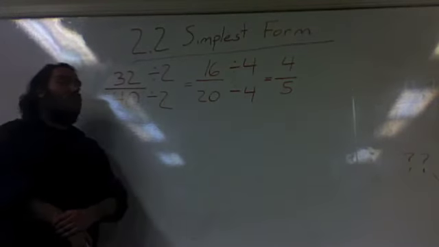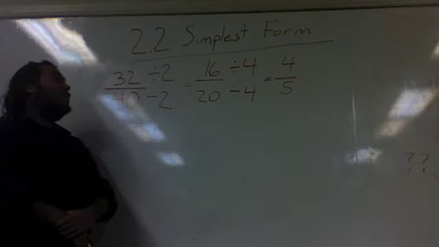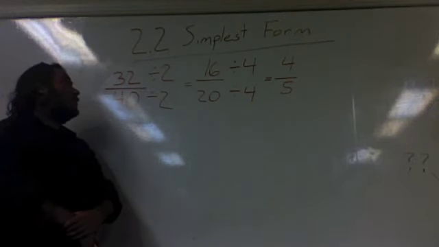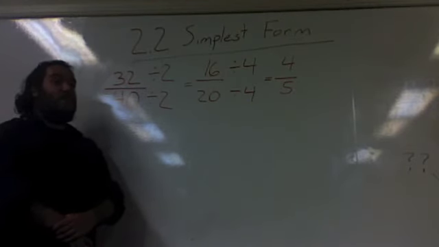This gives me 4/5. Looking at 4/5, I can see that their greatest common factor is 1. There's no other number besides 1 that we can divide 4 and 5 by. So 4/5 would be the answer to this problem. It's 32/40 in simplest form.